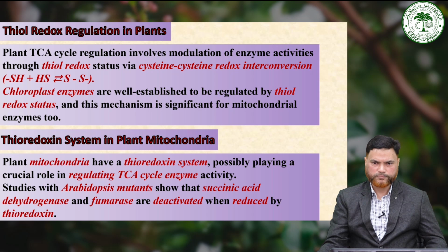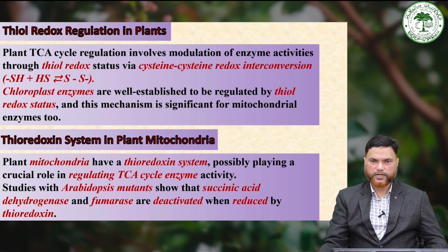Then another enzyme, isocitrate dehydrogenase, is responsible for conversion of isocitrate to alpha ketoglutarate, producing NADH. Thiol redox regulation could influence the activity of this very important enzyme, isocitrate dehydrogenase, affecting the flow of metabolites to the TCA cycle.